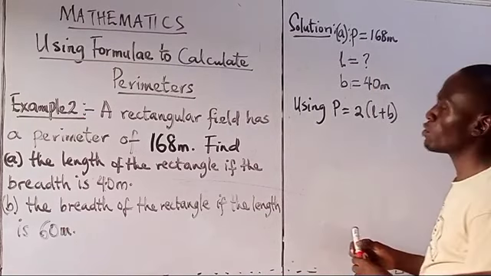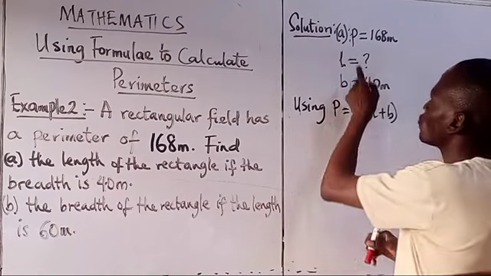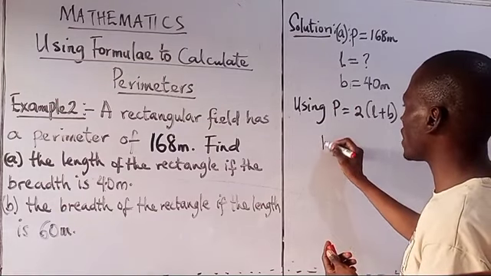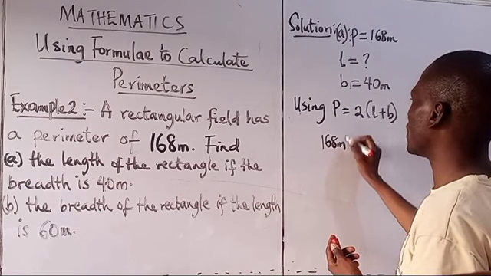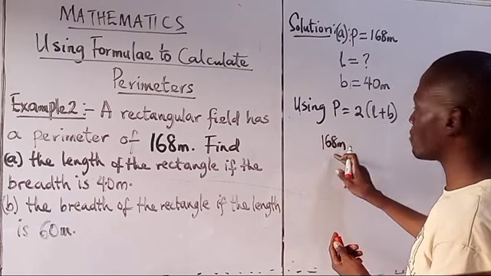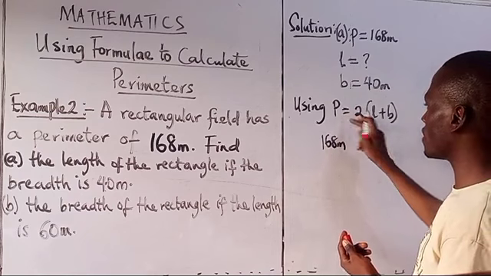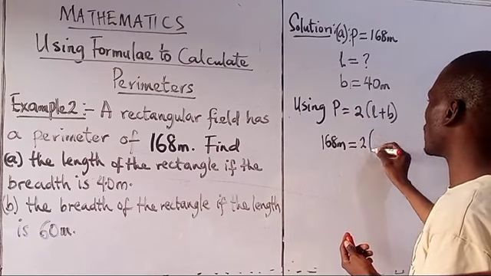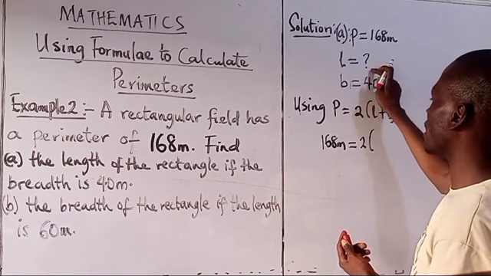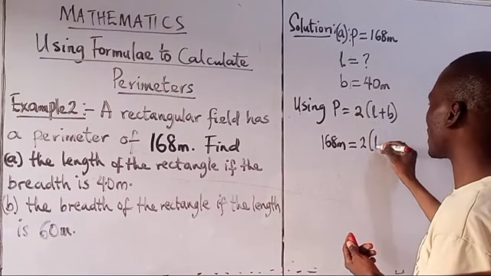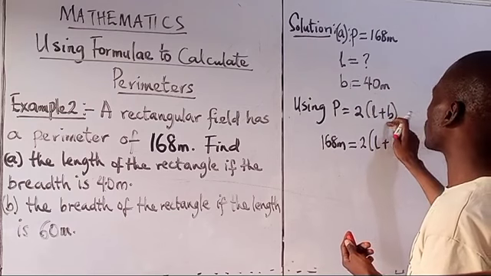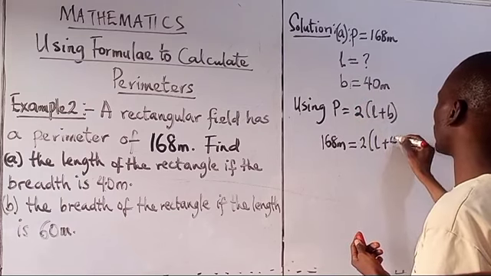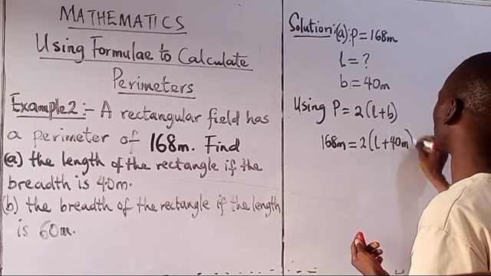So let's see what we are going to do. Using P equals, P changes to 168 meters. So we are no longer writing P, we are writing 168 meters. Then we write equal sign, then 2, then L. What's the value of our L? We don't know, so let us retain it as L plus what's the value of our B? 40 meters.